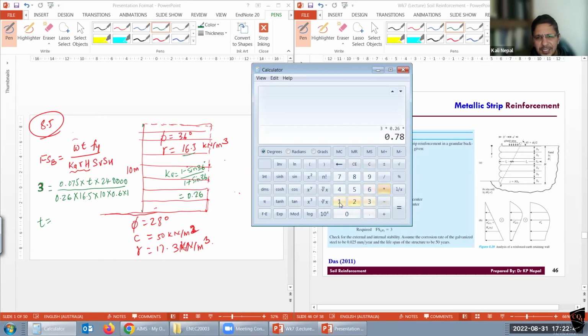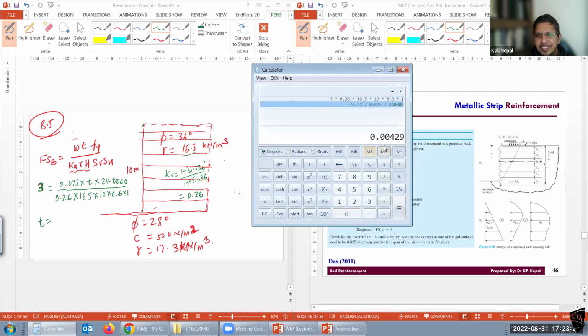Multiply by 16.5, multiply by 10, multiply by 0.6. Multiply by 1 does not change. That's the value we got at the top. So divided by 0.075 divided by what, 240,000, right?